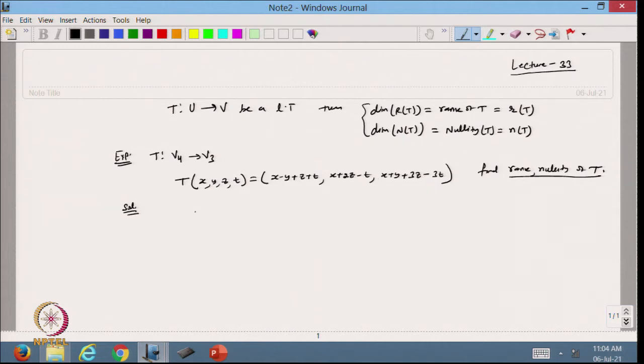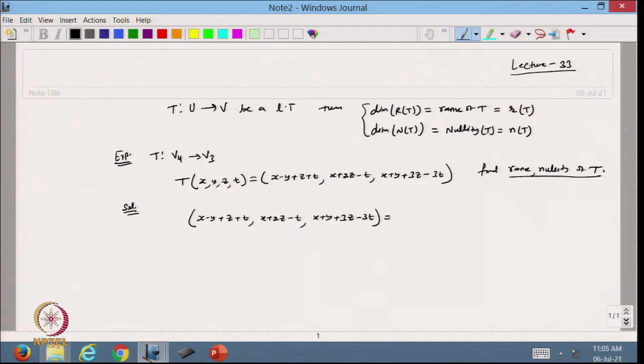So now I can write from here my (x - y + z + t, x + 2z - t, x + y + 3z - 3t).